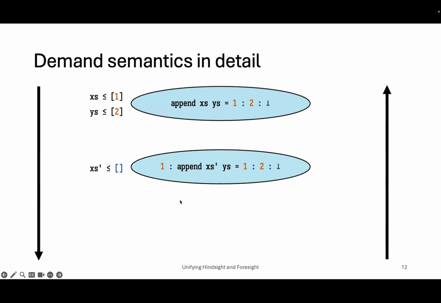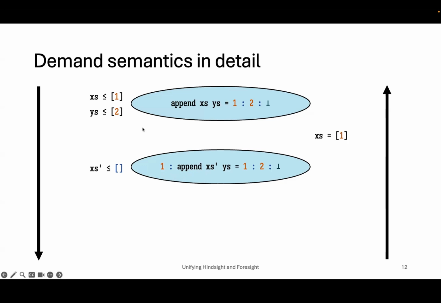And I get 1 cons onto a recursive call where xs prime is some dummy variable that I've introduced. The important thing is that xs prime has to be less than the empty list, by construction. Essentially, the point is that the only way I can get this here with these constraints is if this new dummy variable here is related to the empty list.